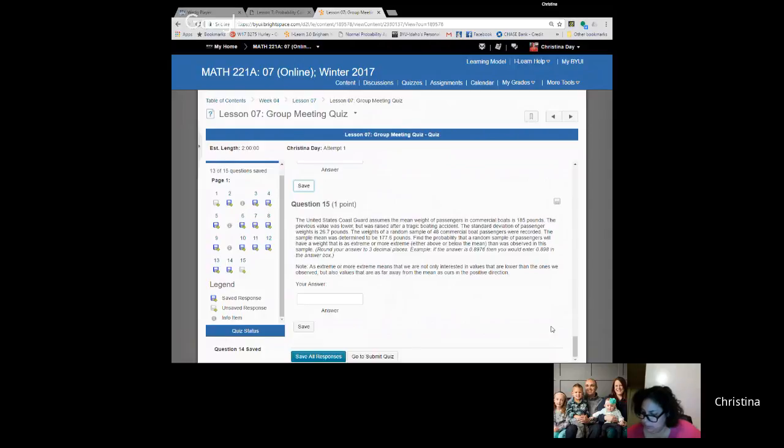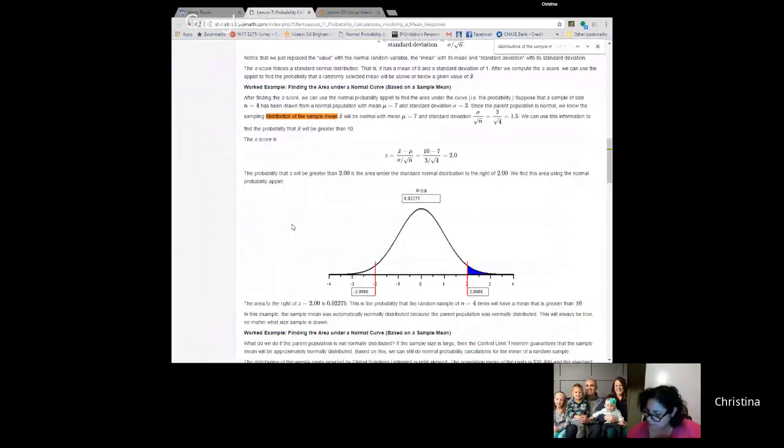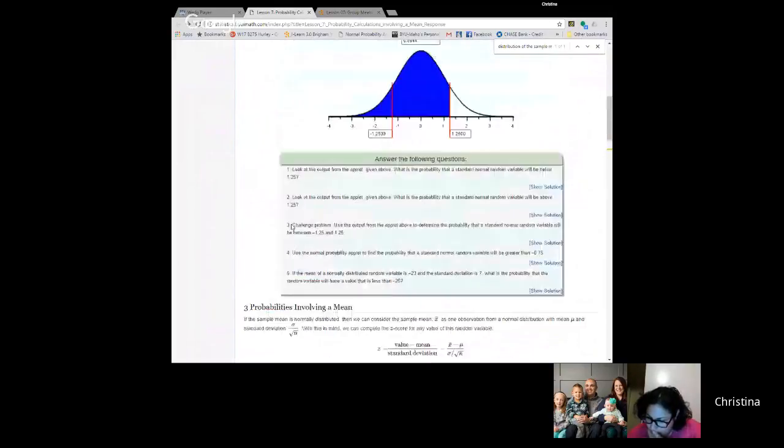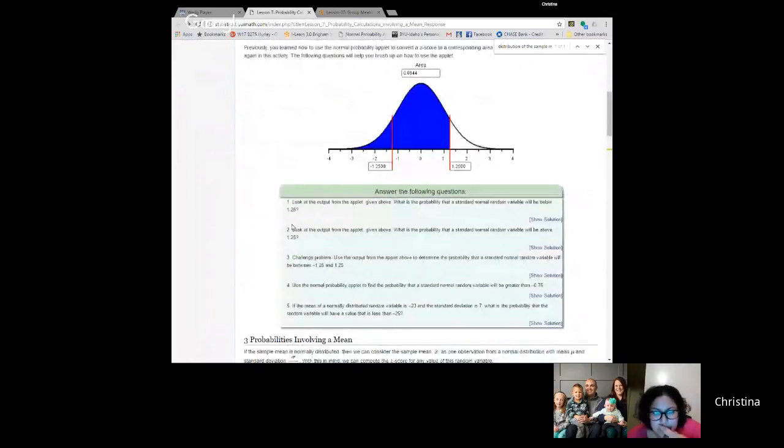So 177.6 minus 185, divided by 26.7 over the square root of 48. Is that right? I think so. I'm looking at my notes. What was the population mean?